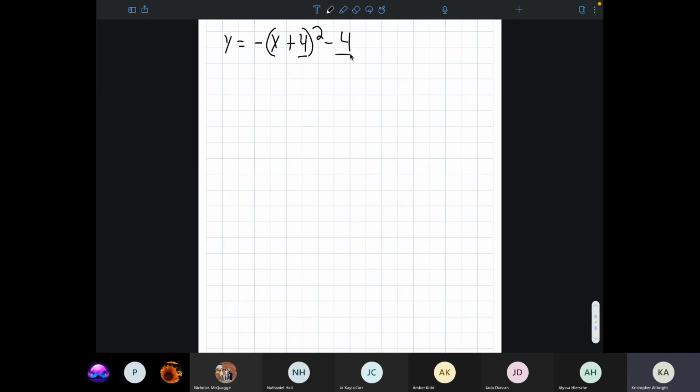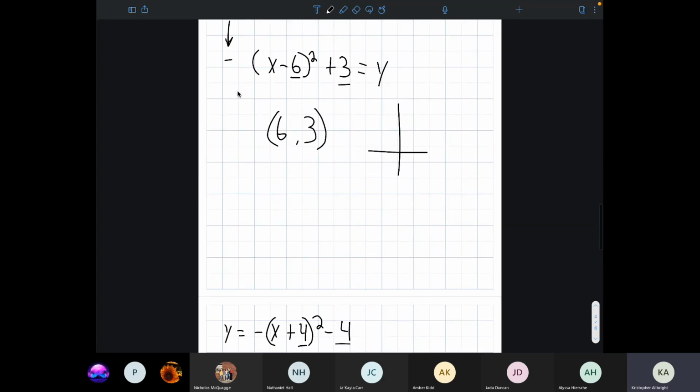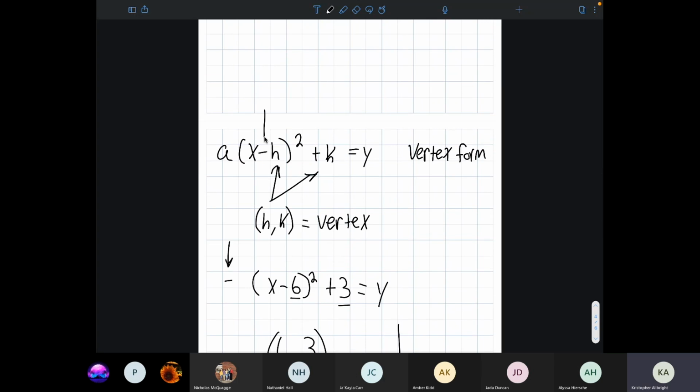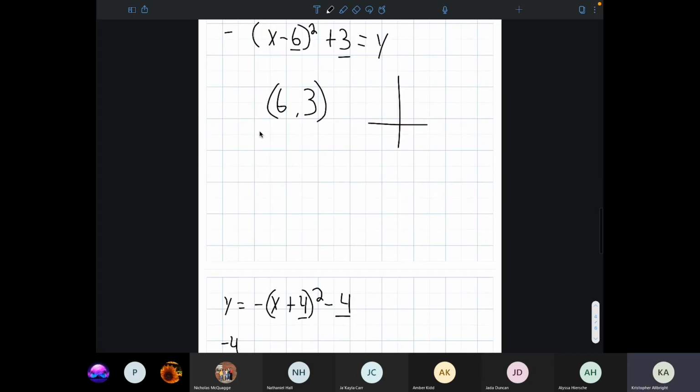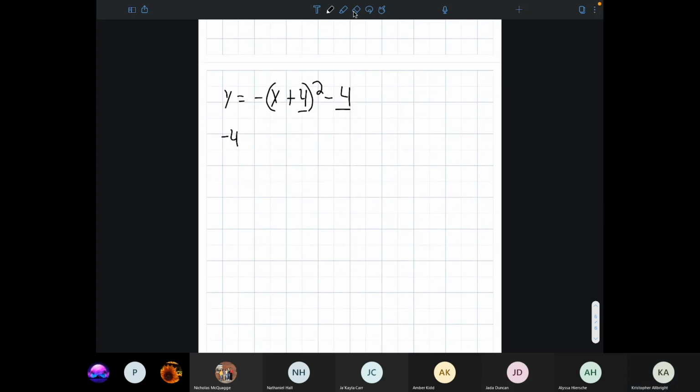Okay, so we know that our vertex is h, k. So negative 4, because in our form up here, this is a negative sign. So if this is positive, then we know that this is negative, because it's in vertex form.